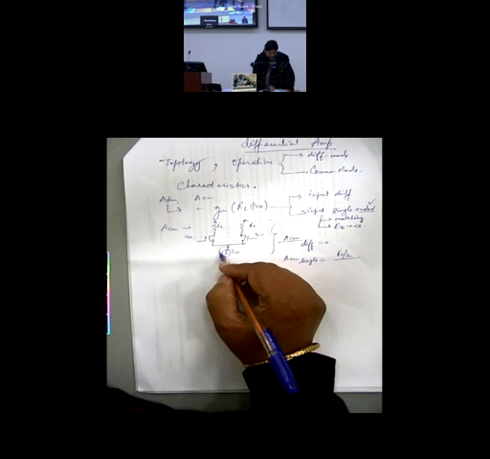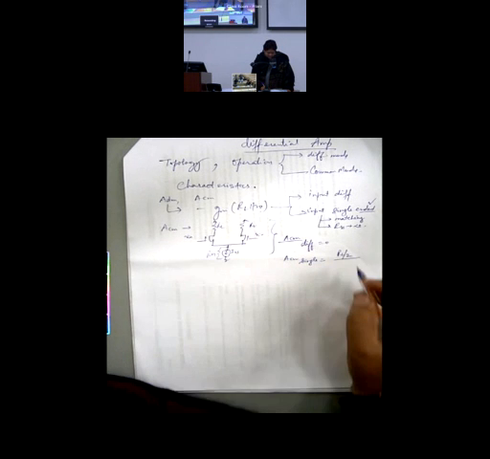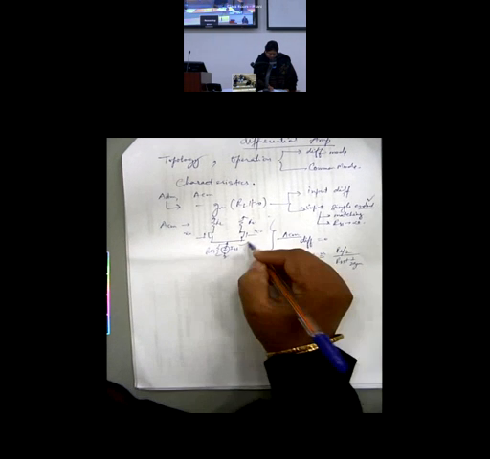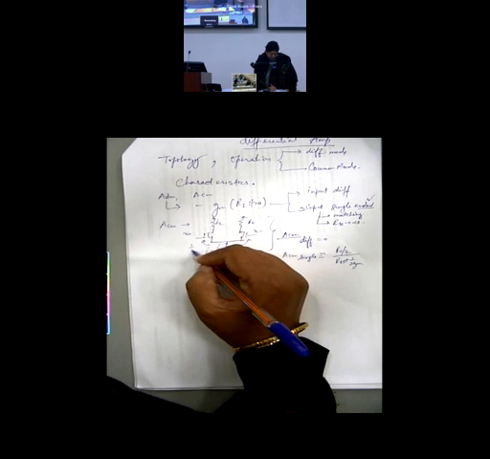It would be RL by 2 divided by RSS, approximately. I am writing approximate expressions: RL by 2 by RSS. Drain resistance by total source resistance, so 1 by 2gm, because 1 by gm here and 1 by gm here.